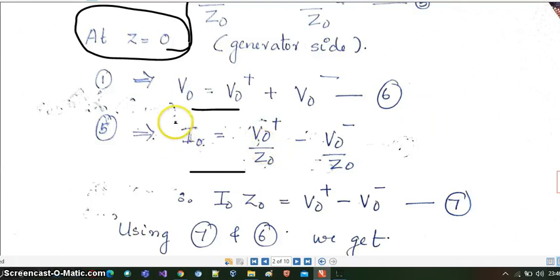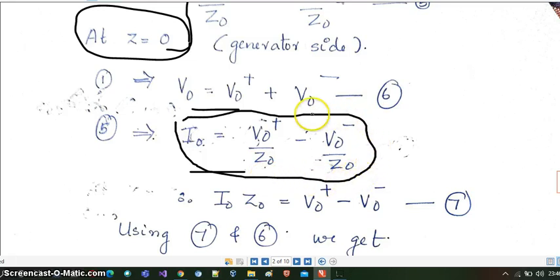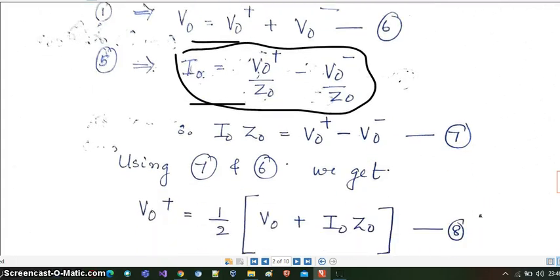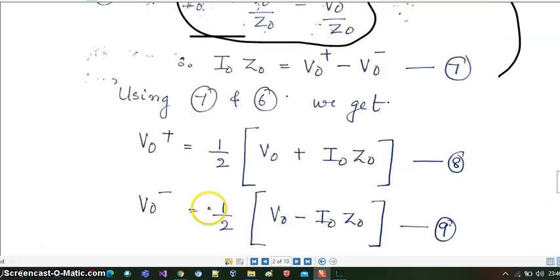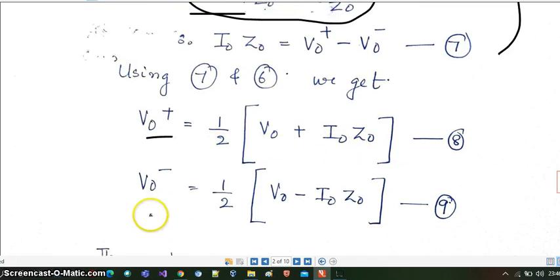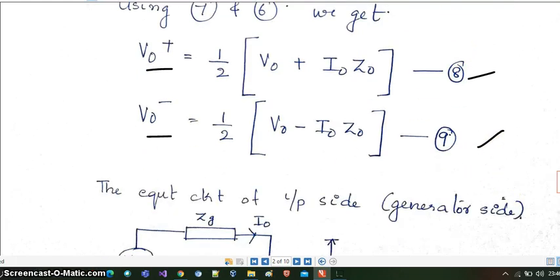From this equation I can write I0 into Z0 is equal to V0+ minus V0-. That is my equation 7. Now using this 6 and 7 I will get V0+ is equal to half of V0 plus I0 Z0. Similarly, V0- is equal to half into V0 minus I0 Z0. This is my 8th equation and this is my 9th equation.